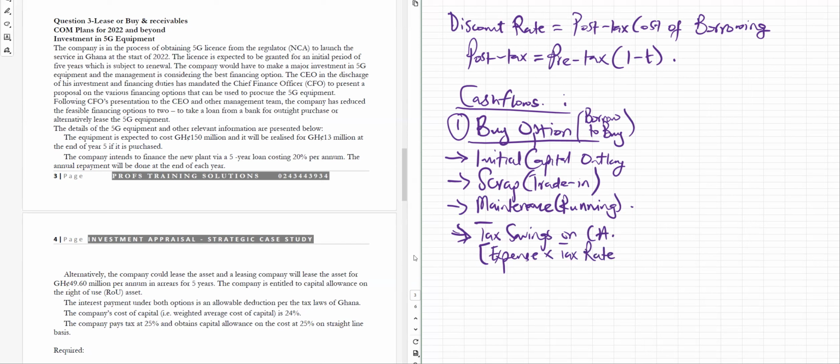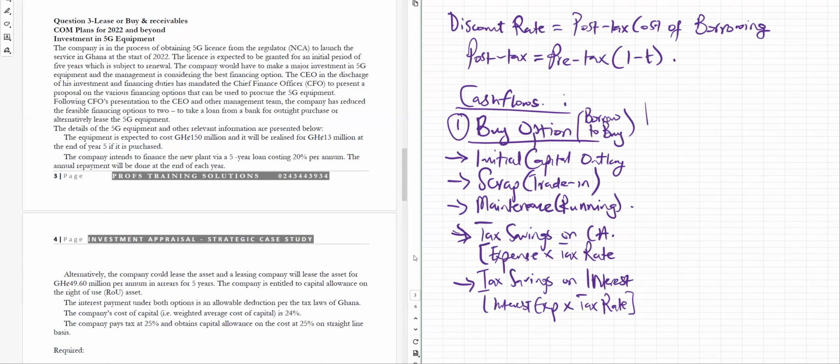The same way, if interest is considered an allowable deduction, we also have tax savings on interest. So usually at case study level, this is what you should be expecting. That means get the interest expense and multiply by the tax rate. So remember this.